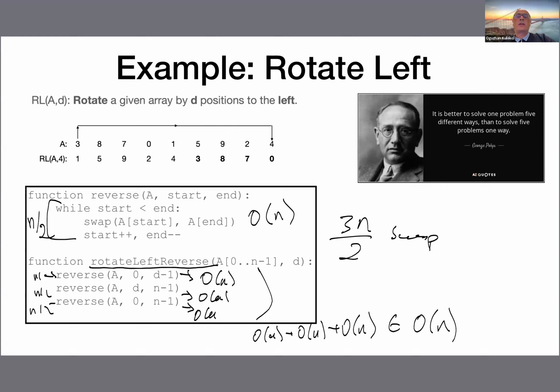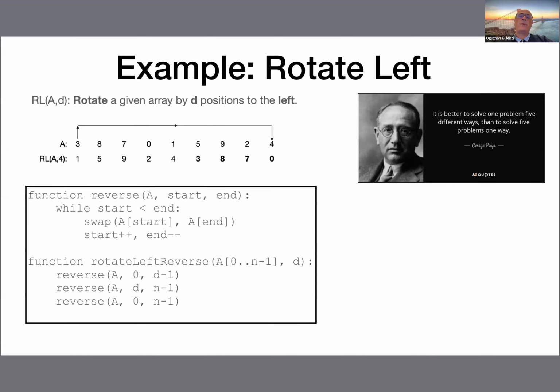Actually, it includes just swapping two elements, so it will be actually just 3 memory movements. So 3n/2 instructions, and that will make O(n) instructions. It is very good. Okay, now I hope we are convinced that for this solution the time complexity is O(n).